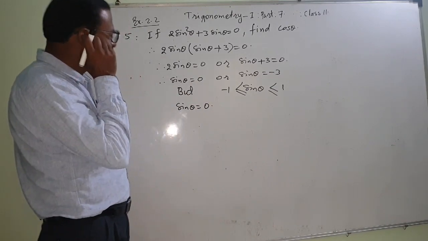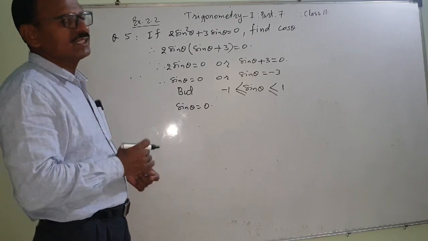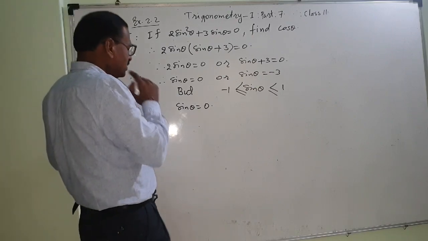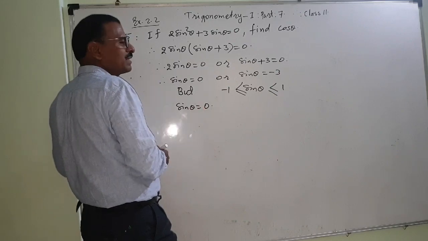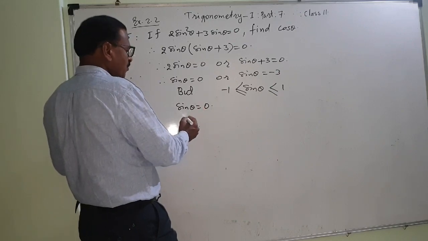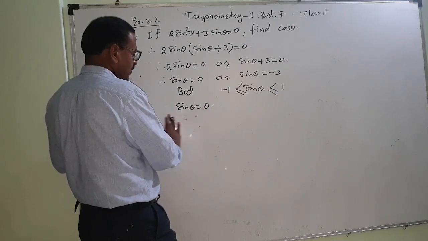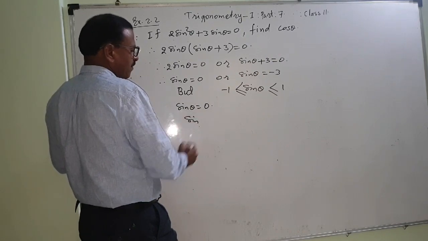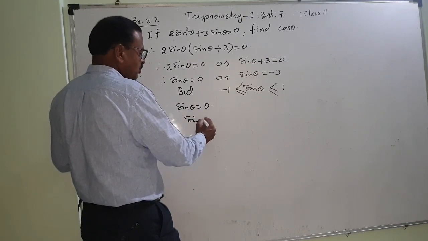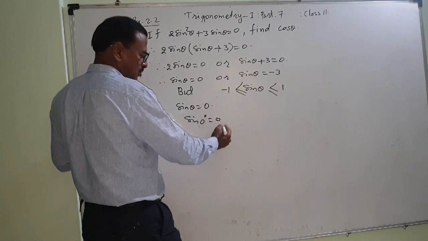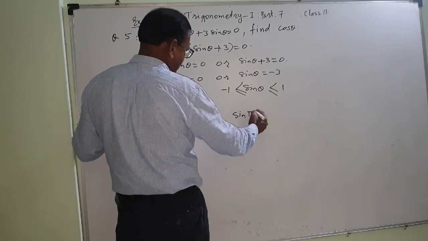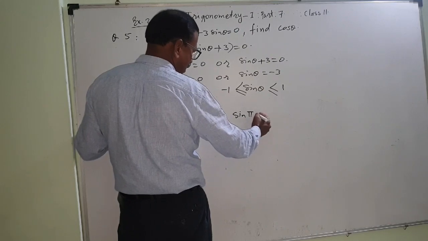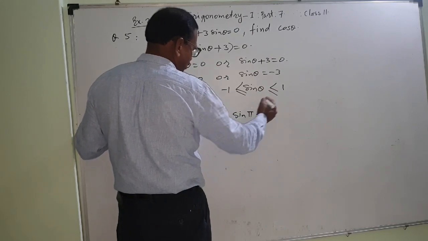Now if sin theta is equal to 0, then what is the value of cos theta? For which angles is sin theta 0? Sin of 0 degree is equal to 0, or sin of pi radians, which means 180 degrees, that is also 0.